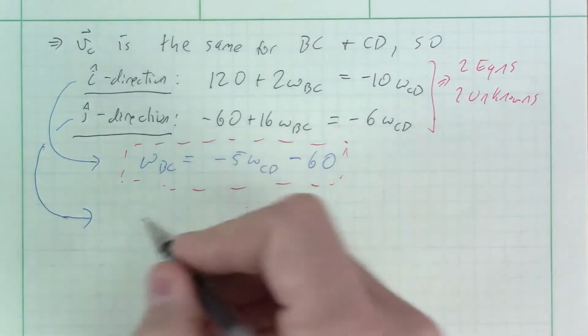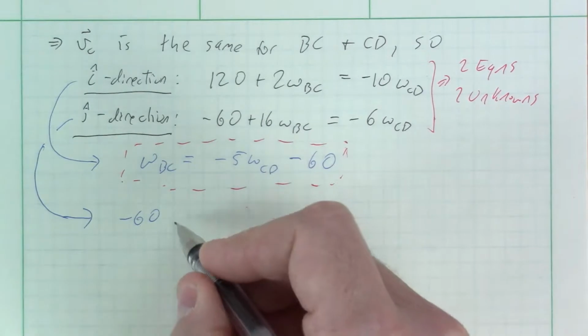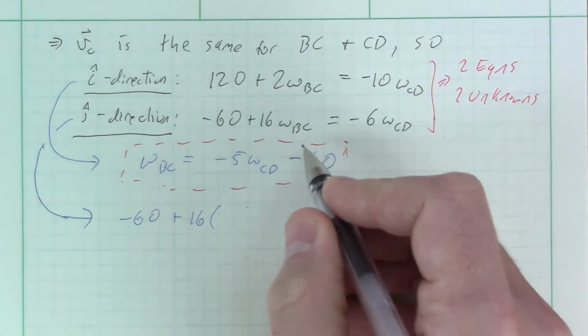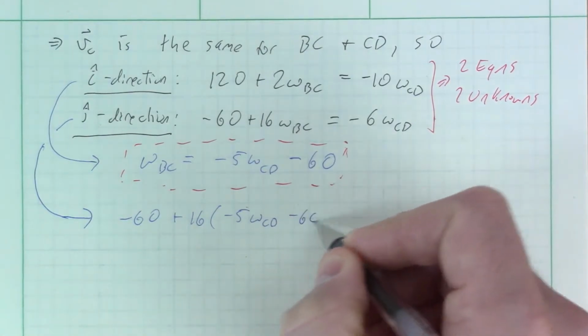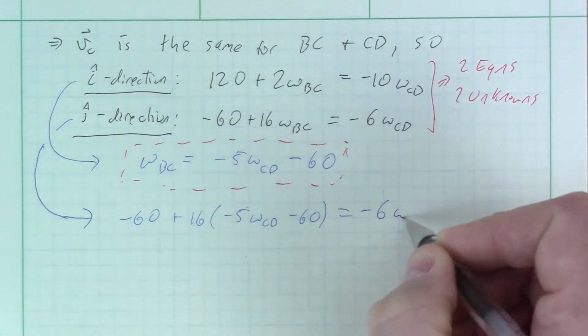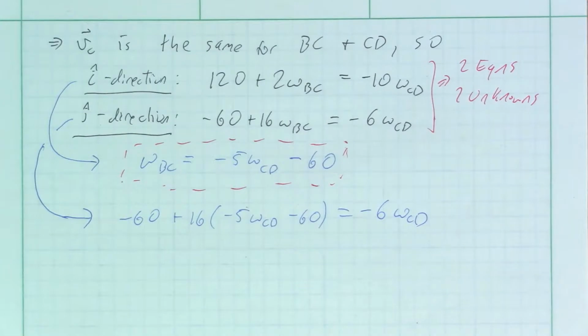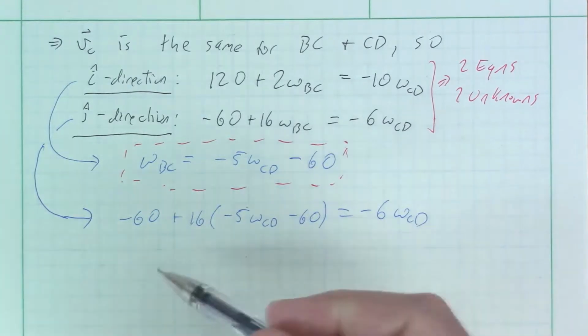So then we have minus 60 plus 16, and now instead of omega BC we're going to plug in minus 5 omega CD minus 60, and that equals minus 6 omega CD. Let's pull all of the constants to the left side.